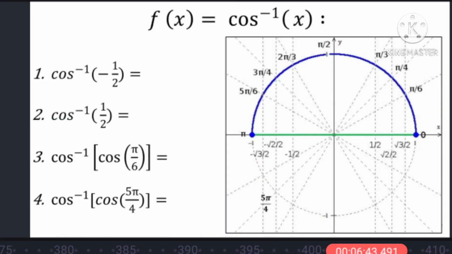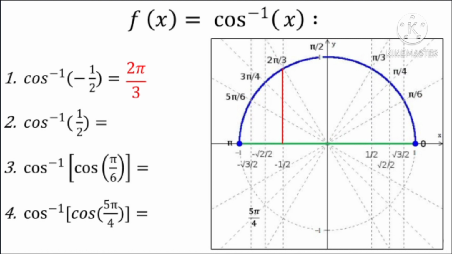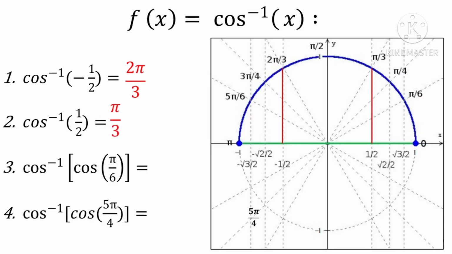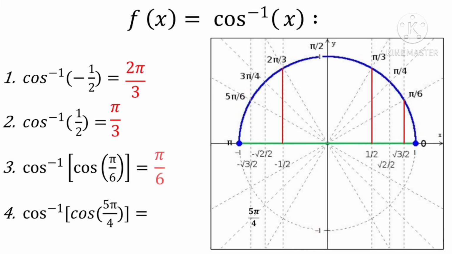Let's find a few values. Cos inverse of minus half is equal to 2 pi by 3. Minus half corresponds to 2 pi by 3. Then cos inverse of half is equal to pi by 3. Cos inverse of cos pi by 6. Now we know the value of cos of pi by 6 is root 3 by 2. So cos inverse of root 3 by 2 will correspond to pi by 6.